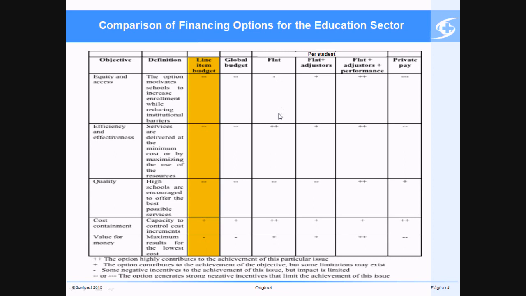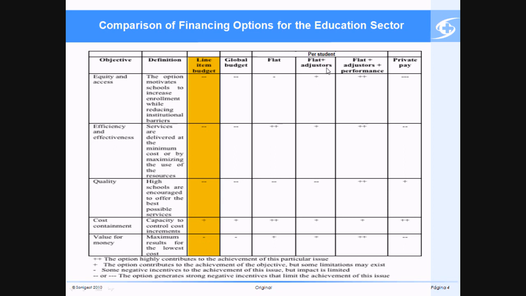It does promote efficiency and effectiveness, since it is encouraging that schools utilize their resources most effectively, delivering services to the students that they have in the most efficient and effective way. It does not necessarily promote quality. It does help keep costs contained, and it does encourage value for money.